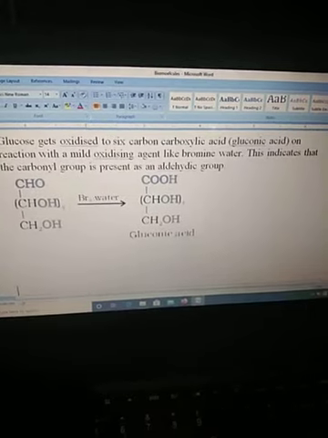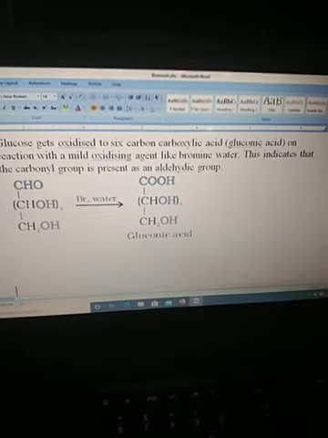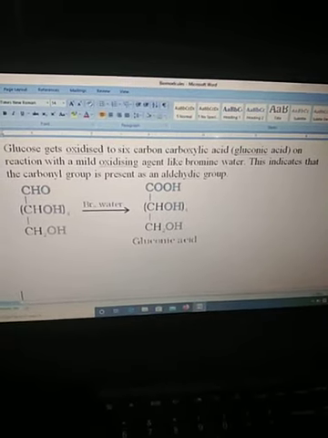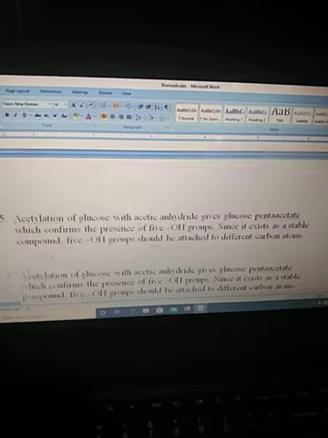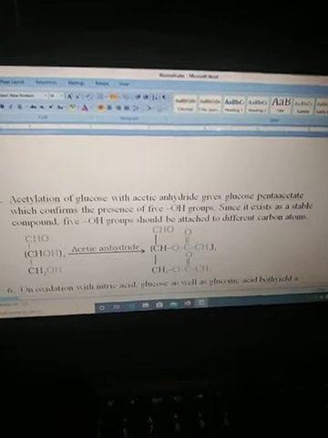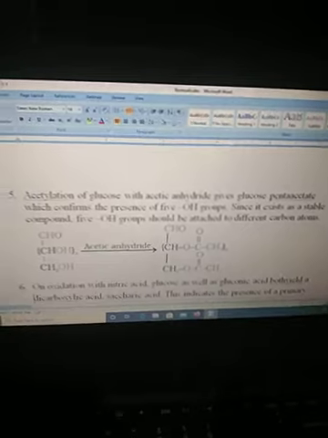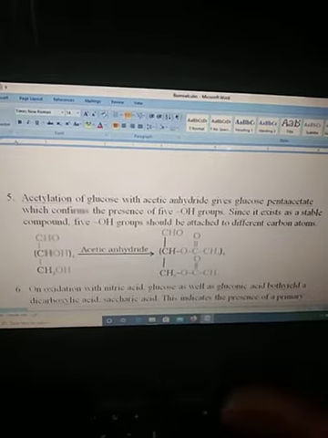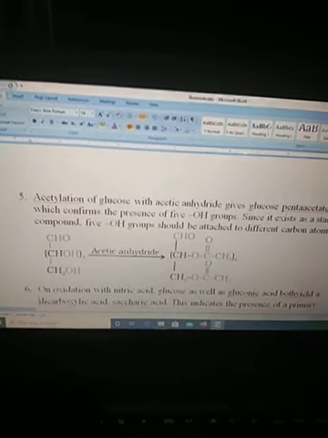After that we also proved the presence of 5 OH groups in the molecule. And after that we proved that there is one primary alcohol. This we call the structure determination of glucose.